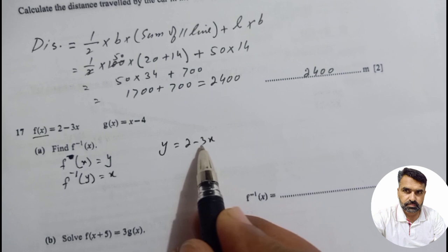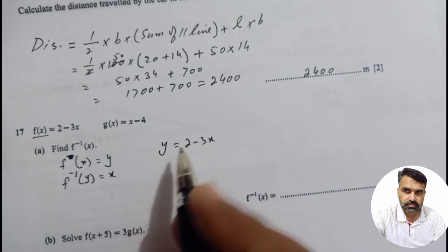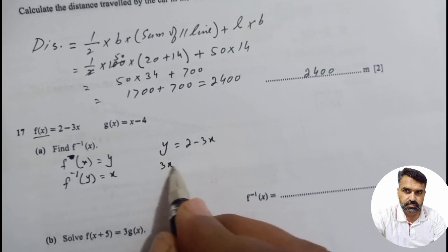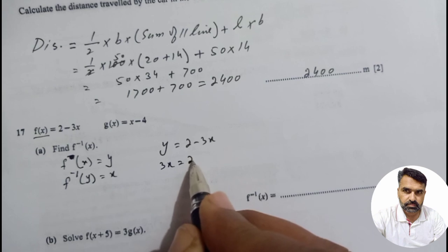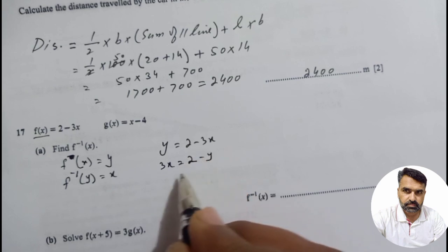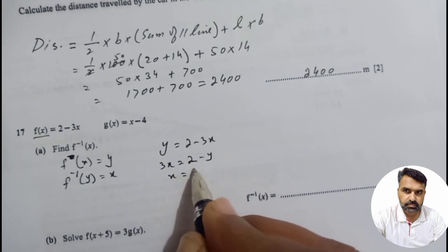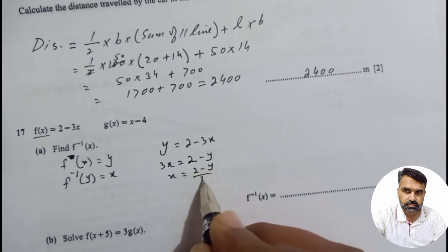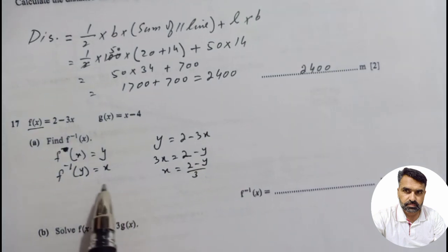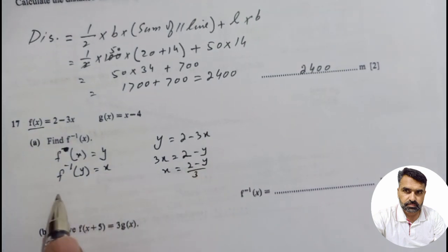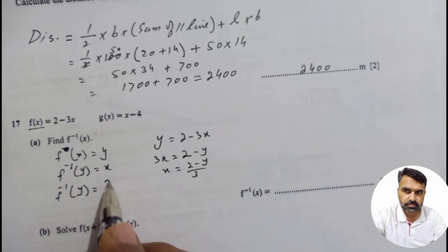This 3x is minus, so we transfer it to the other side and it will become plus, and this y will be transferred to the other side and it will become minus, and the value of x will be 2 minus y over 3. In place of x we will put this value. So f inverse of y will be 2 minus y over 3.